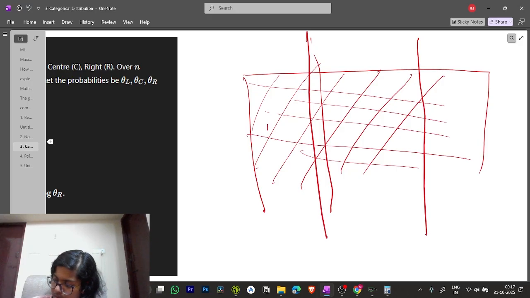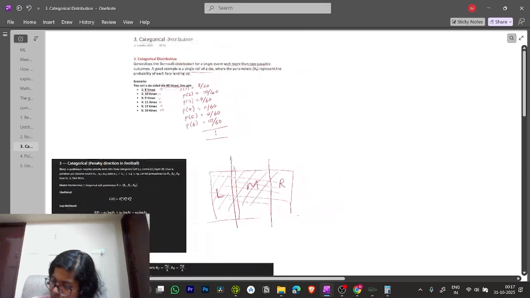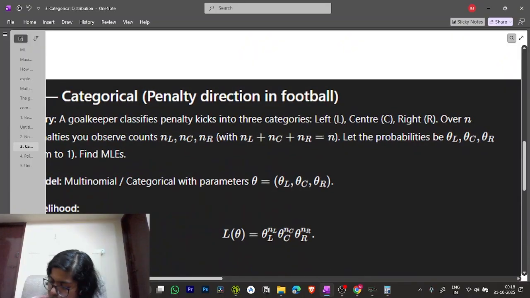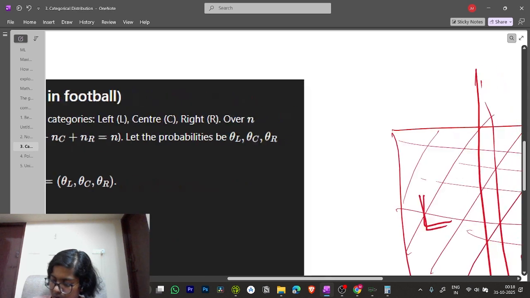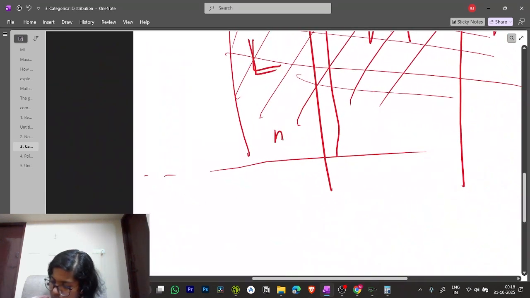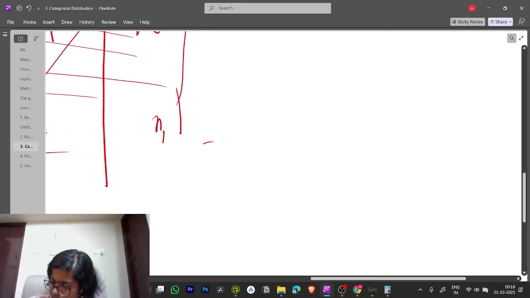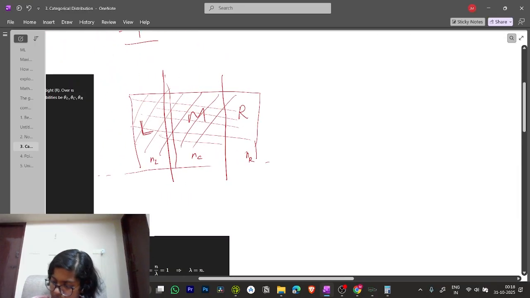This is the left, this is the middle, and this is the right. Out of this, NL times it goes to the left, NC times to the center, and NR times to the right.